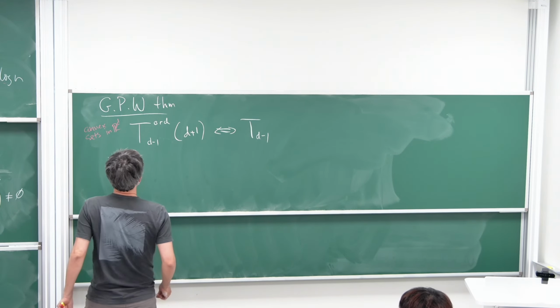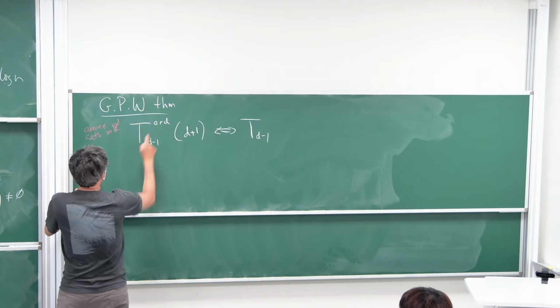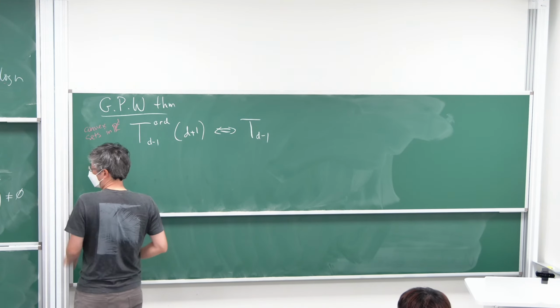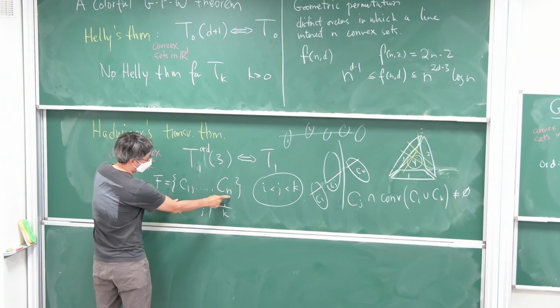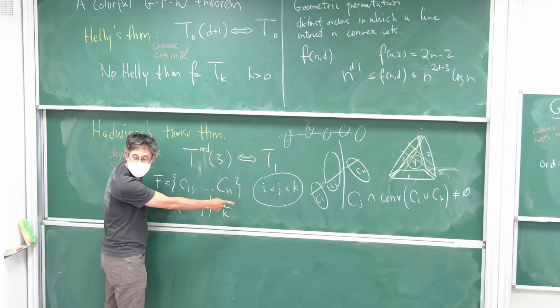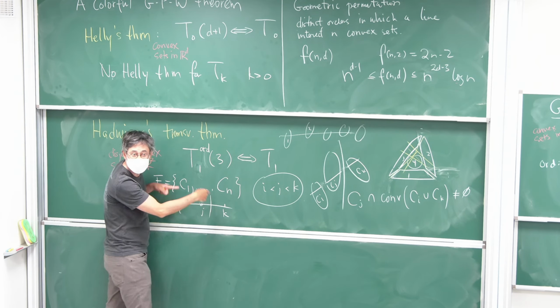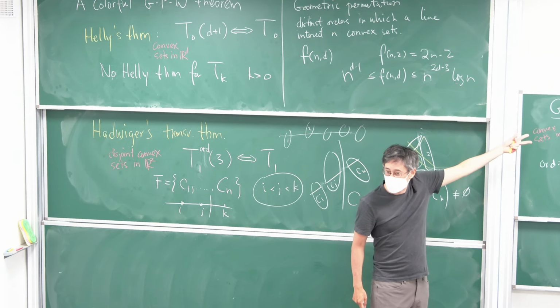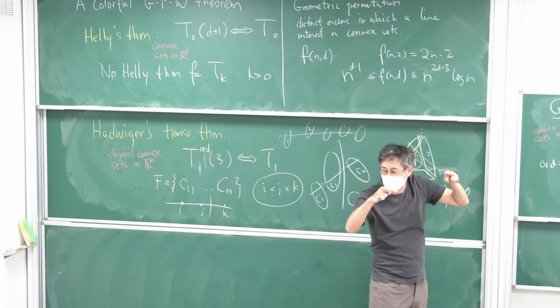So this ordering means the following: there is a map. What is a linear ordering? If you have n sets, a linear ordering is just n points on a line. Instead, I should think of n points in some higher dimensional space.